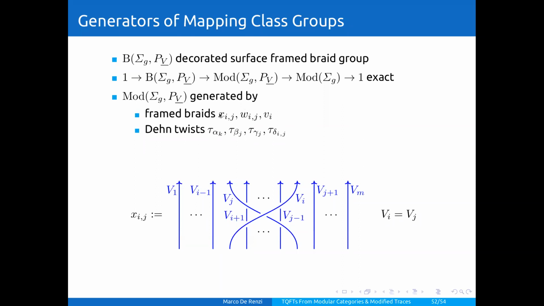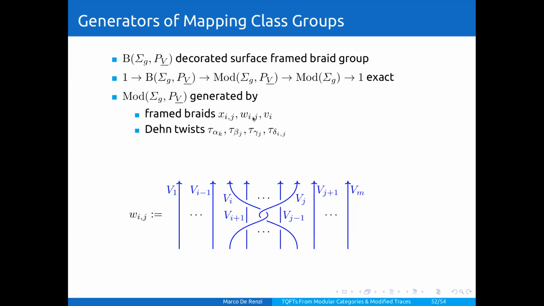In fact, this does not follow from this exact sequence, but I told you about this sequence in order to explain that braids can be interpreted as mapping classes. Generators X_ij are given by these braids, which permute the ith point with the jth point, and they can do this if and only if V_i is equal to V_j.